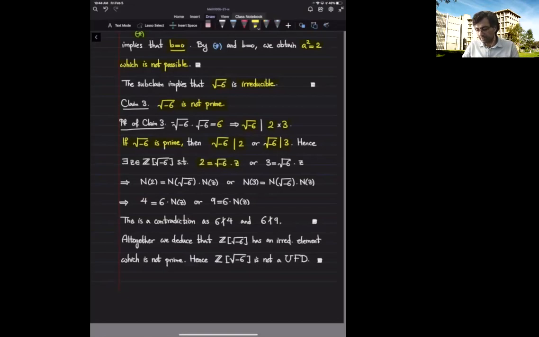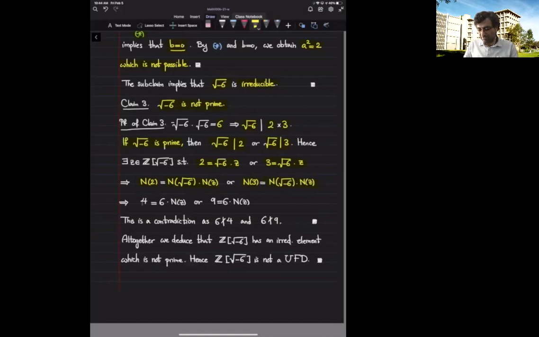To divide 3 means that 3 is a multiple of this. So again, we take the norm of both sides. We get that the norm of 2 is a multiple of the norm of root negative 6, or the norm of 3 is a multiple of the norm of root negative 6.